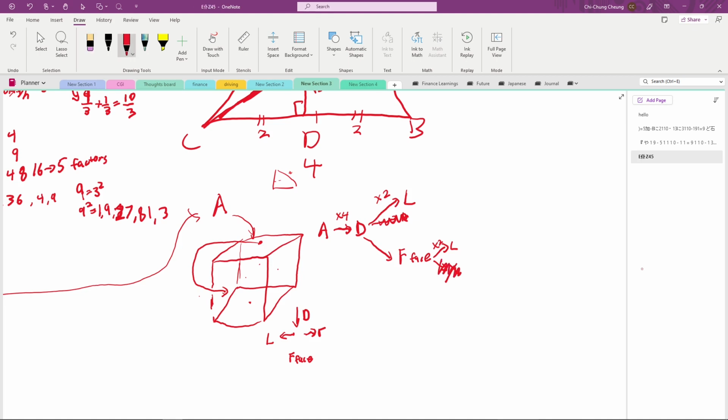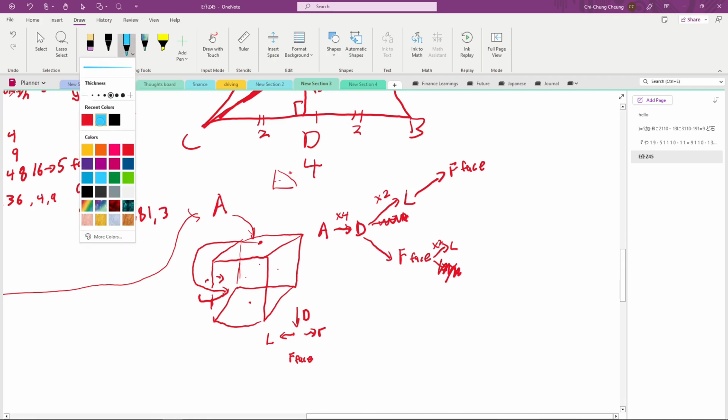Now, if we're going to go to the left face, which is this. Okay, now we covered 3 faces. You can now go to the bottom face, the F face. Let me just use a new color.